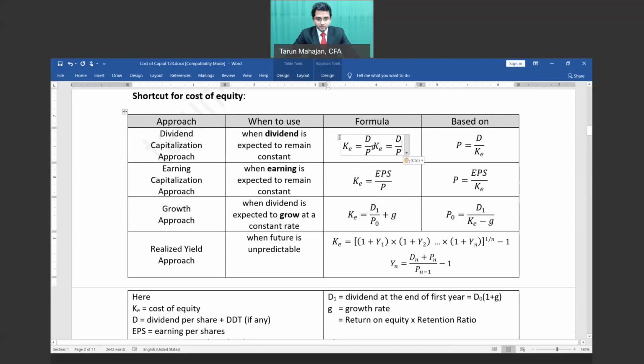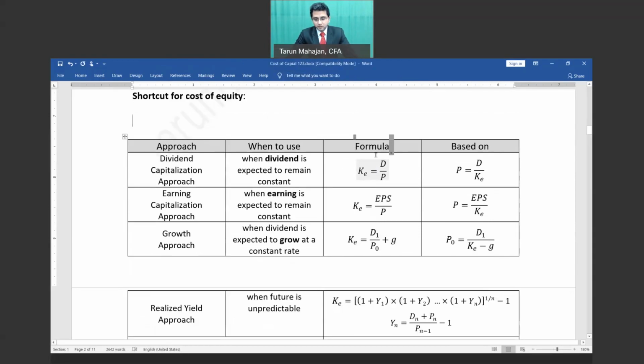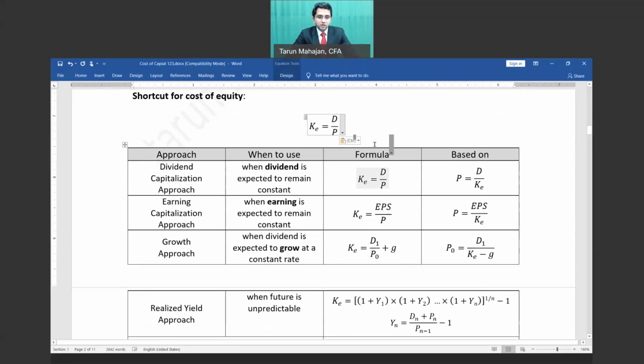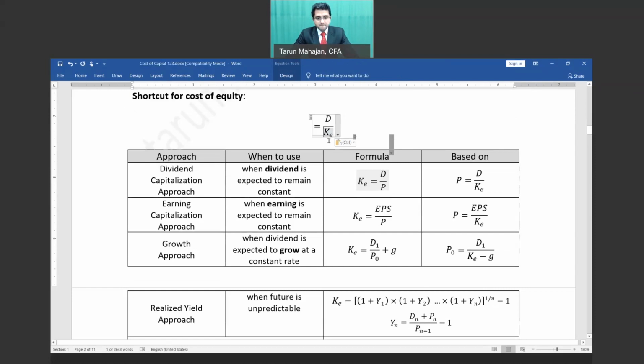Just a minute. I'm sorry, I'll type it here. Original formula is like this.